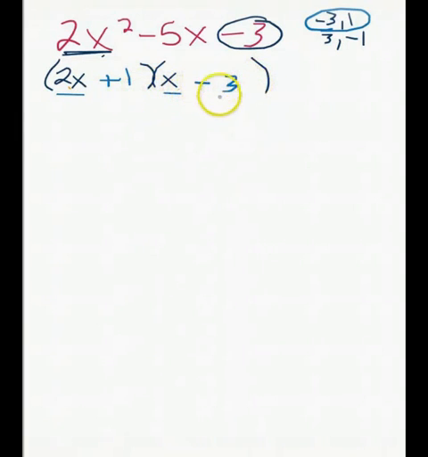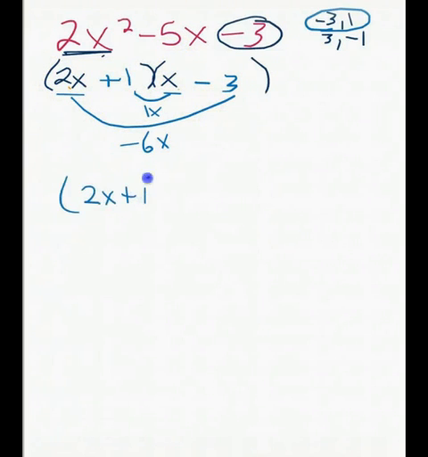In the last problem, negative 3 was over here and 1 was over there and it didn't work. But this will give me negative 6, and this will give me positive 1, x's of course. If you add that together, you do get negative 5. So this is my answer: 2x plus 1 and x minus 3.